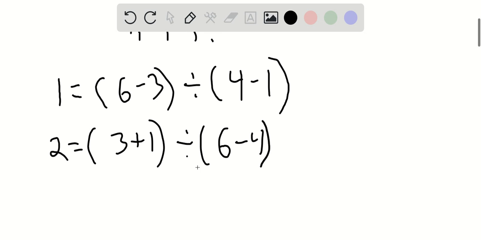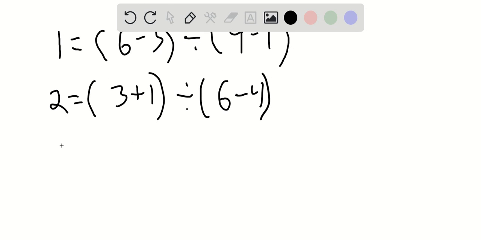Okay, let's try one more. How about 3? We don't necessarily have to go in order, but I think I have an answer here. So 3, I think, can be 6 minus 4, which is 2, and then 2 minus 1.